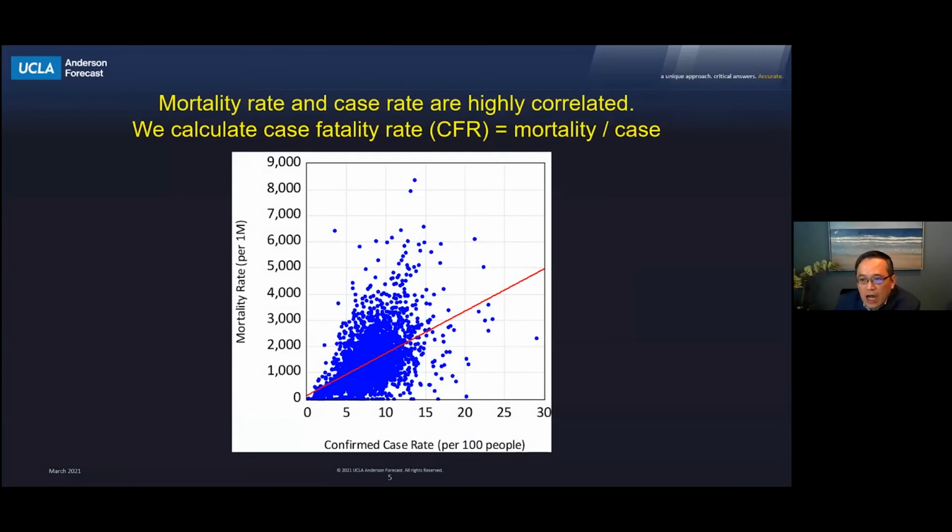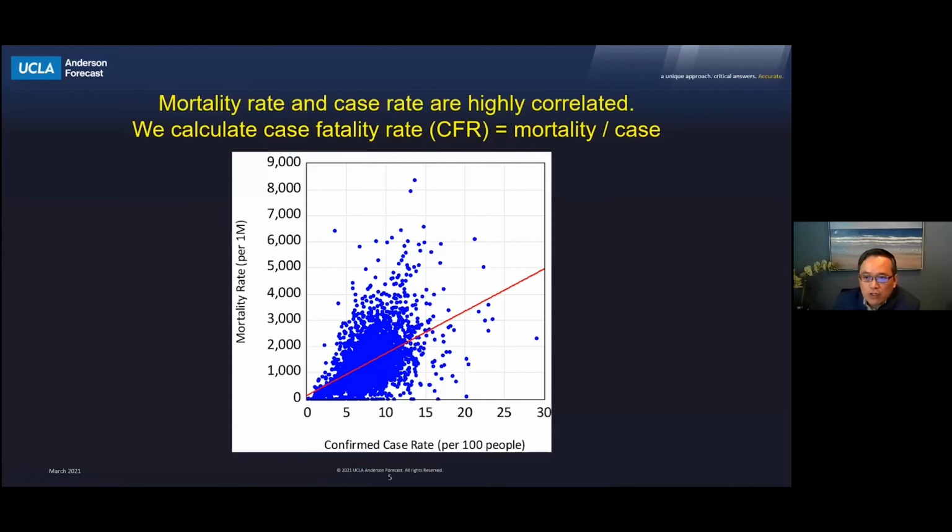In this chart, I show you the correlation between the confirmed case rate and mortality rate of a county. The horizontal axis is the case rate and the vertical axis is the mortality rate. Of course, we can see a strong and positive correlation between these two variables.